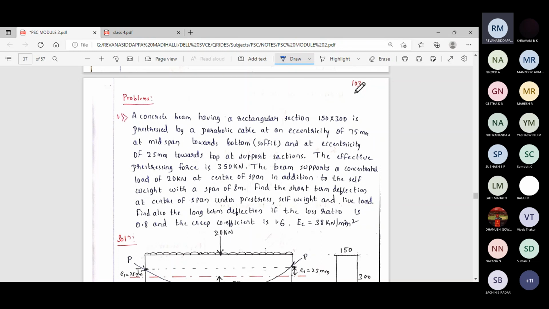All of you go through the problem and understand it. Then we can solve it using the procedure I have explained before. Go through it and draw the diagram for the parameters given so that it will be easy for you to solve the problem.